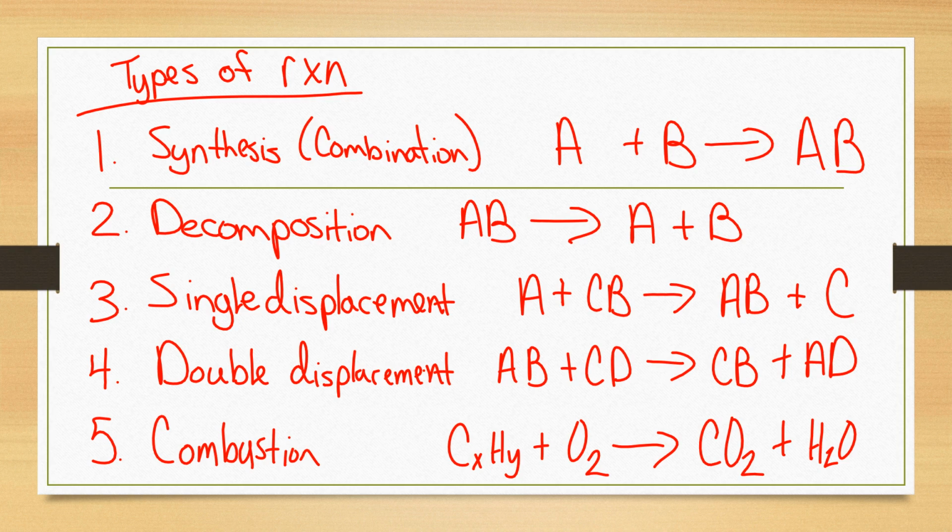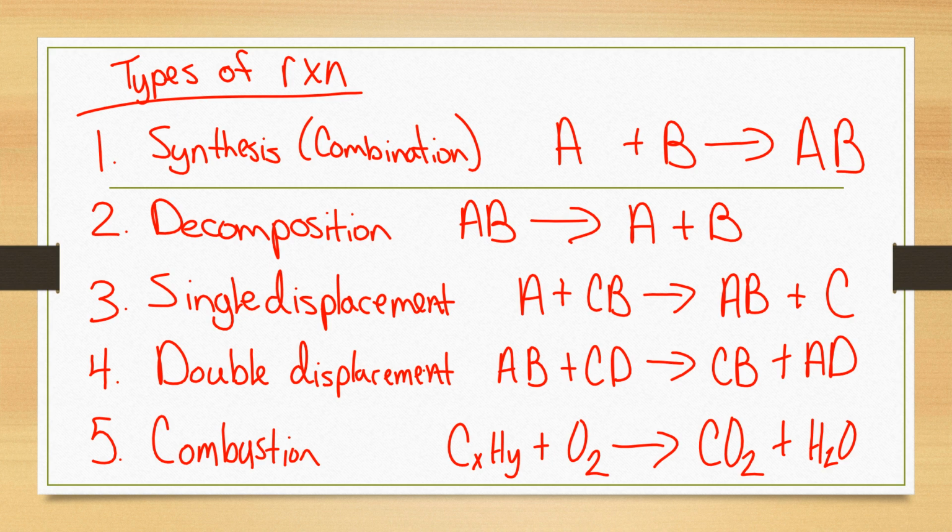Decomposition, which is AB reacts and it splits up and forms A plus B. Single displacement, which is A plus a compound like CB, and then your new compound is the A replaces the C. So you have AB plus C. Double displacement, where you have two ionic compounds and they trade partners.